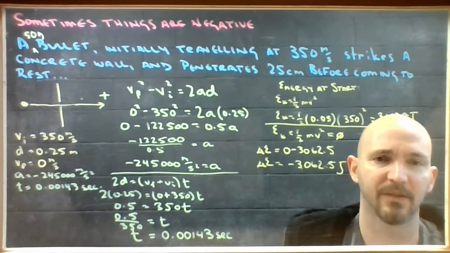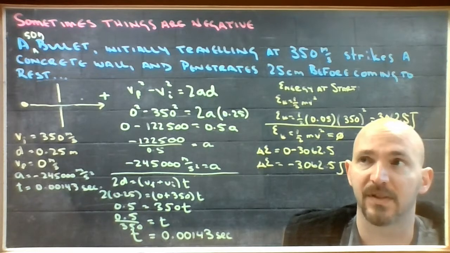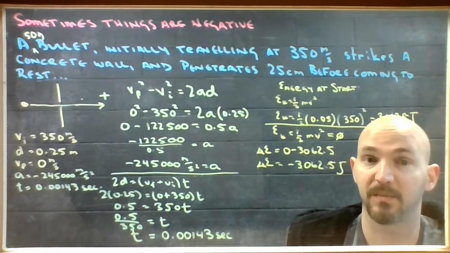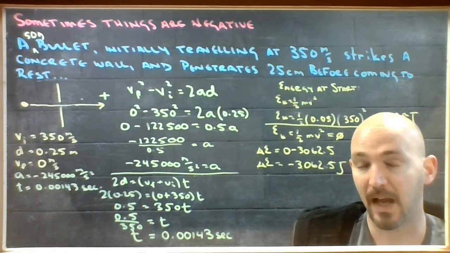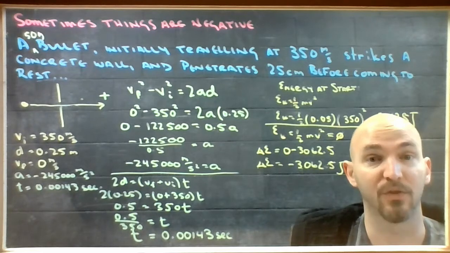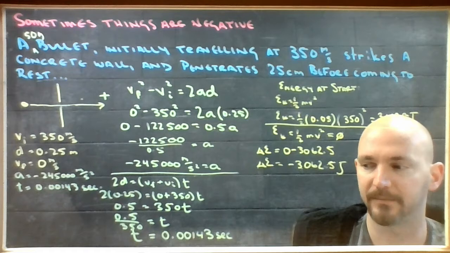Now, negative energy, that's a funny result. Anything we've done so far where we had a slower speed initially and then a faster speed at the end had positive changes in energy, which meant that the kinetic energy increased. Here the kinetic energy decreased.